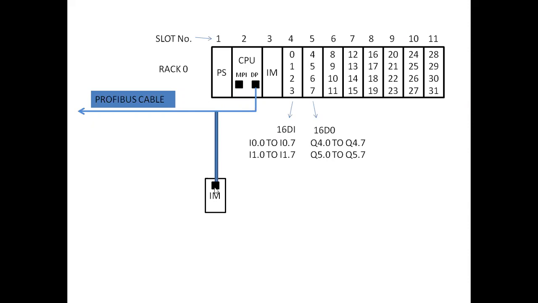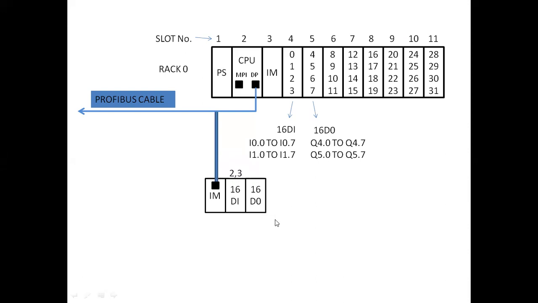With this extension, we connect one IM. IM means interfacing module, with this DP. Then with the IM, we add some DI DO modules. So if I connect a 16 DI and 16 DO with this IM, these byte numbers are transferred to this remote IO module.